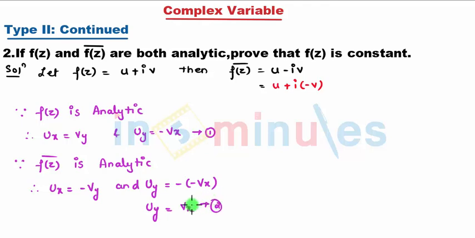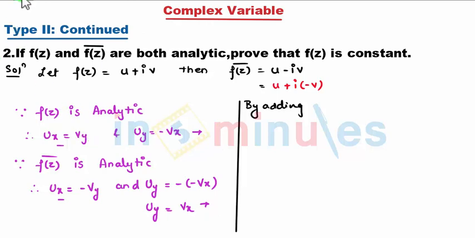So what I do is add, in equation number 1 the first condition and in equation number 2 the second condition. To avoid any confusion, let's name these as equation number 1, equation number 2, equation number 3, and this as equation number 4.